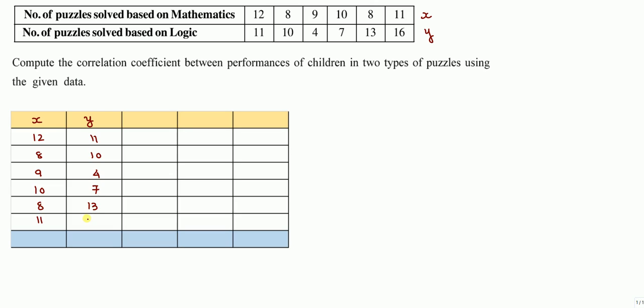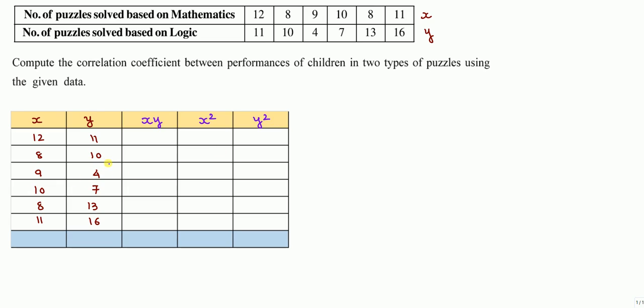13 and 16. Now we can observe here that observations of x and y are very small, so we are not taking any kind of deviations. So here we are using the direct method. In the direct method we have to prepare only 3 columns, respectively xy, x square and y square.